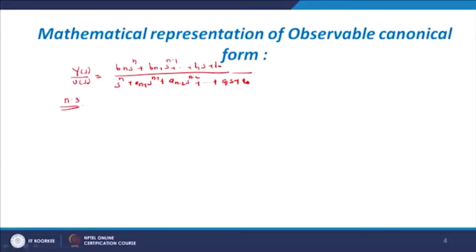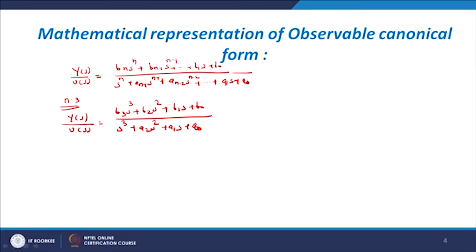To understand it clearly, I am taking a third order system, so n equals 3. The model becomes Y(s)/U(s) equals b3 s^3 plus b2 s^2 plus b1 s plus b0, divided by s^3 plus a2 s^2 plus a1 s plus a0.